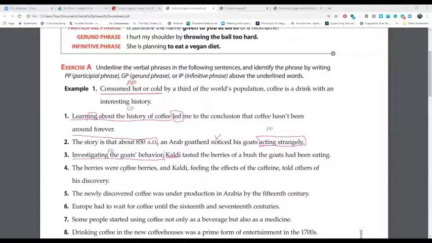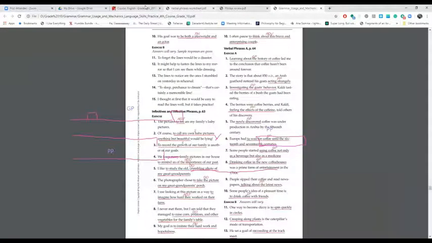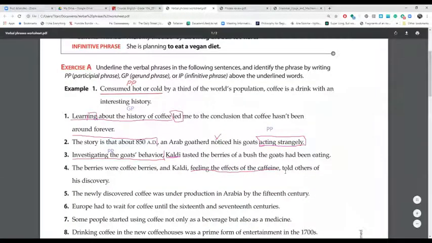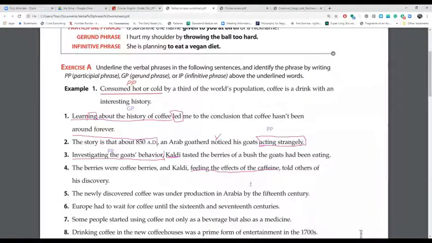Number 4, the berries were coffee berries, and Kaldi, feeling the effects of the caffeine, told others of his discovery. So again, is this going to be a gerund or a participle? Is it modifying a verb?